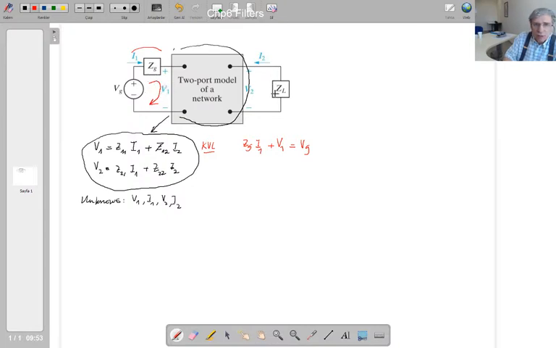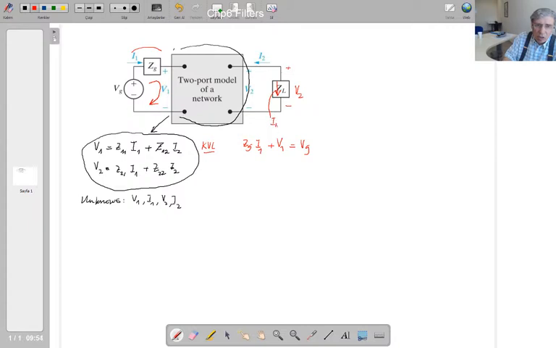Coming to this side, V2 is the second port voltage, and it is also the voltage of this impedance. If this is V2, then according to the passive sign convention, the current reference is going downwards, which is the negative of I2. If you write the Kirchhoff current law equation for this node, you can figure that out.